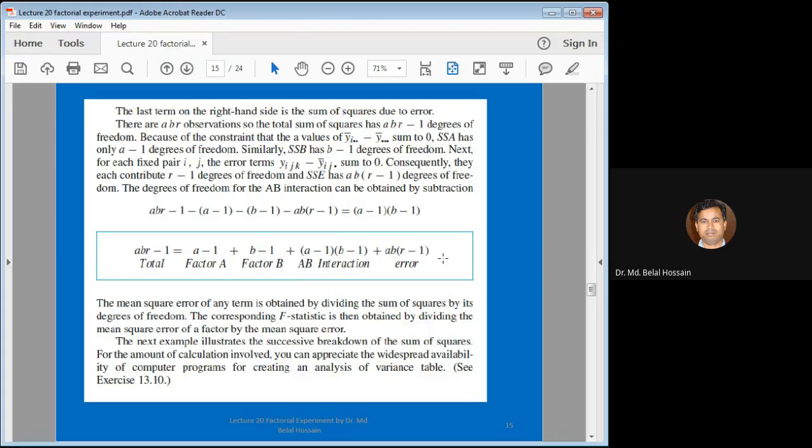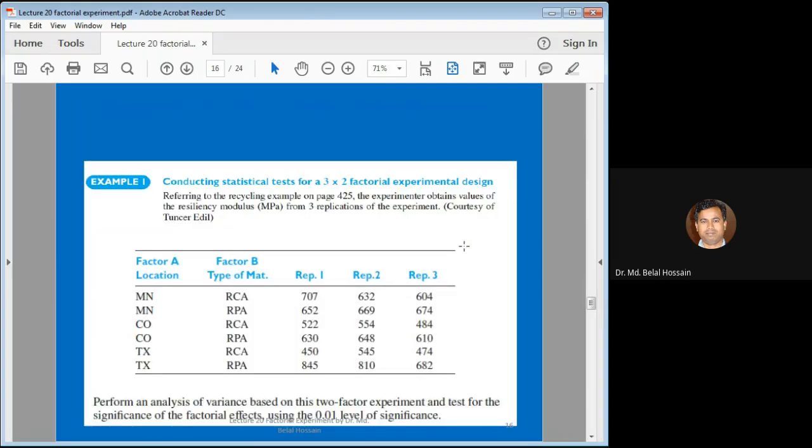That is the degrees of freedom. You will need that for producing the ANOVA table, and further the F statistics for each test you have to do for factor A, factor B, and interaction. Okay, so that is the job you have in hand.